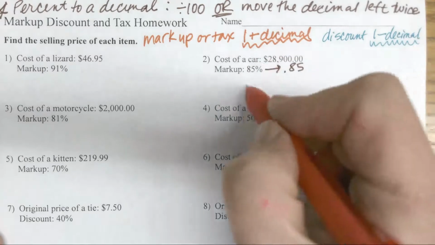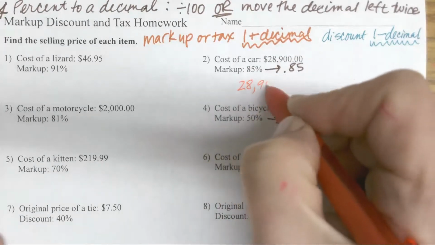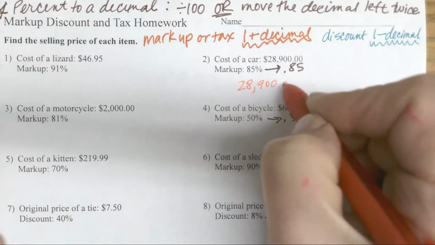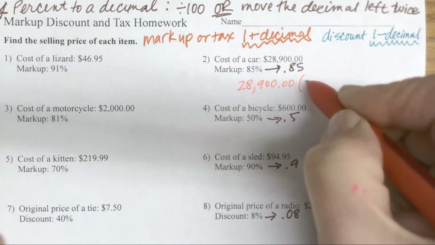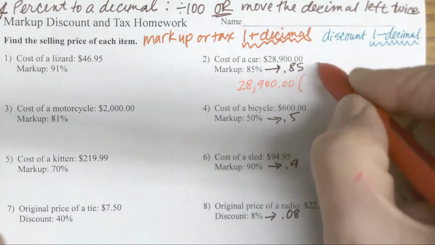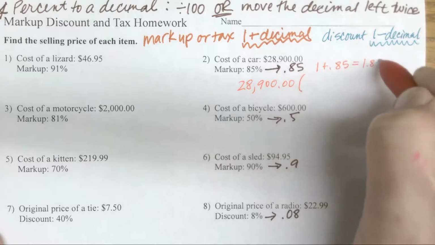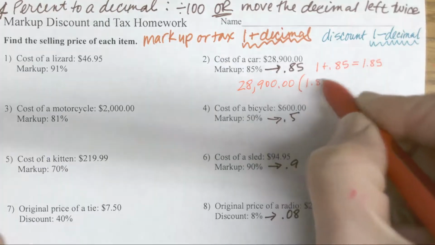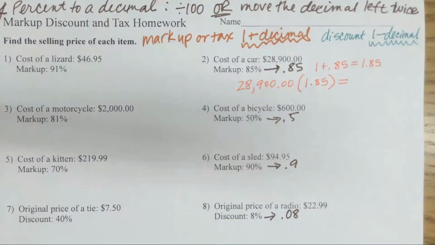So to do this mathematically, I'll take the $28,900 that they pay for it, and to figure out what they're going to charge you, they'll take this 0.85 and they add that to 1. So it's really 1.85. So 1.85 is what they're going to multiply by to get the final cost, or what they're going to charge you.